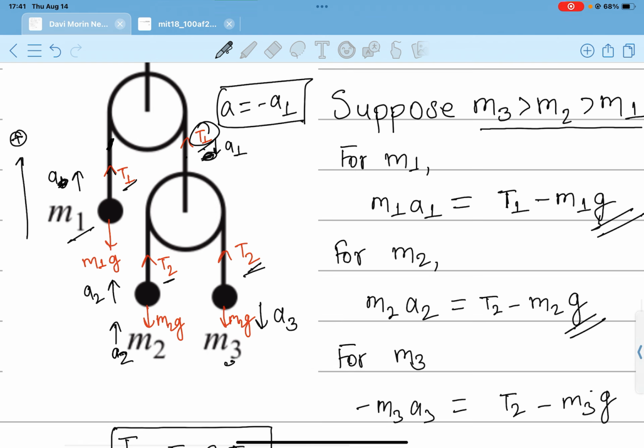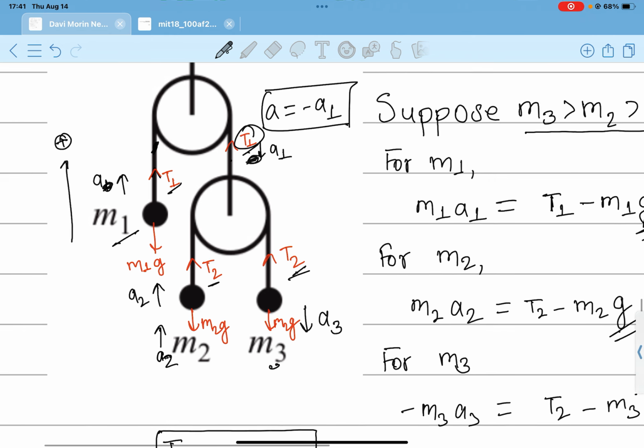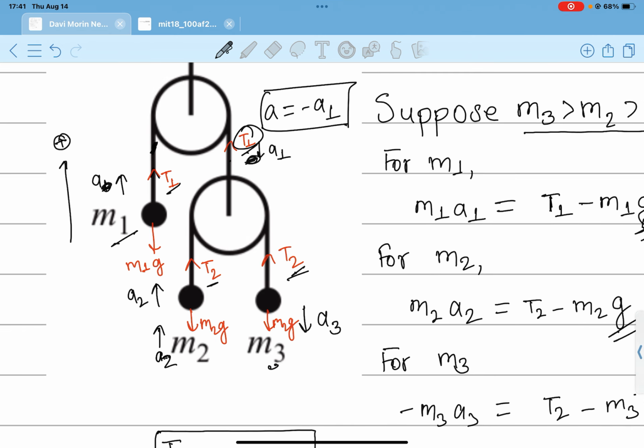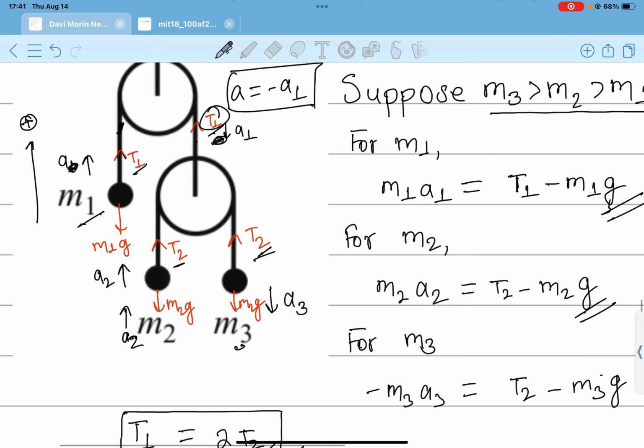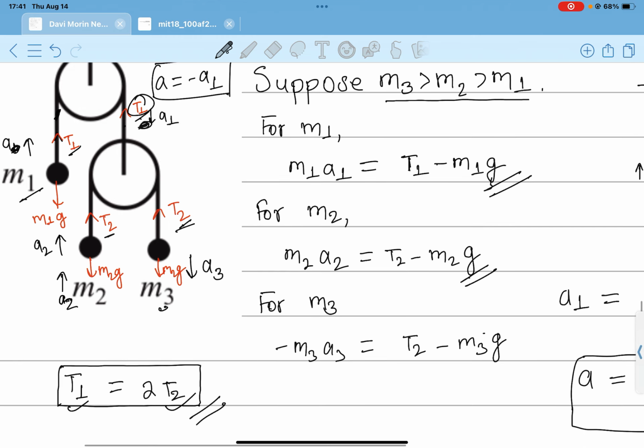And I have considered the upward forces as positive and the downward forces as negative. So if we write down the equation of motion of these three masses, it becomes as this.